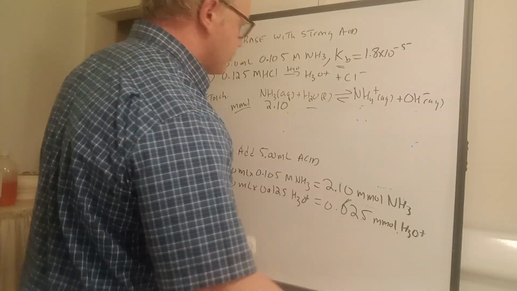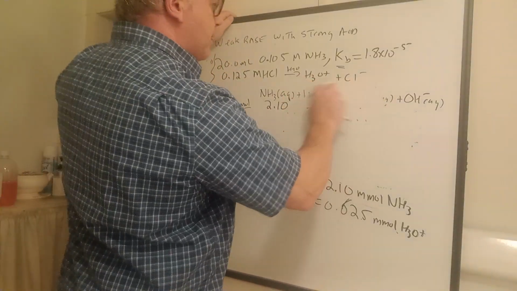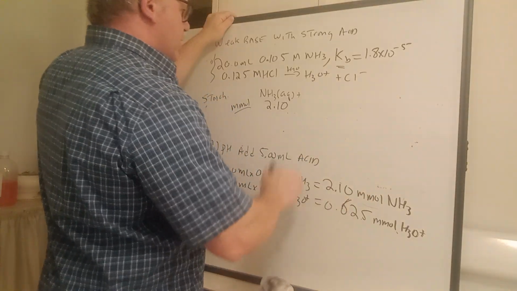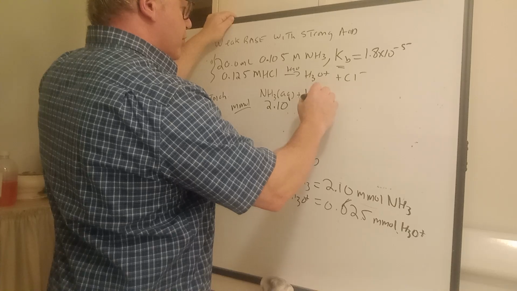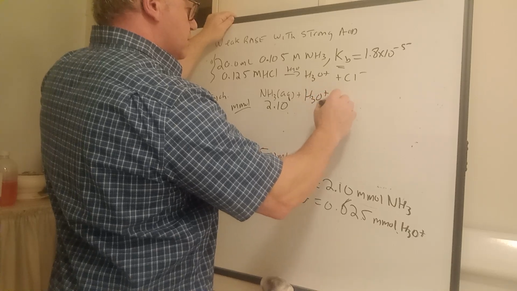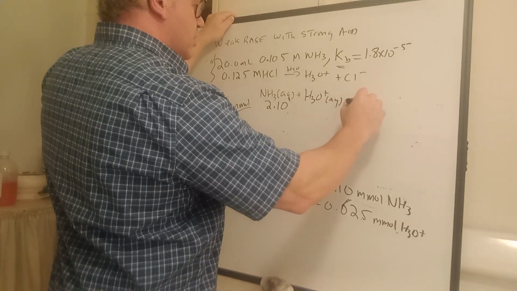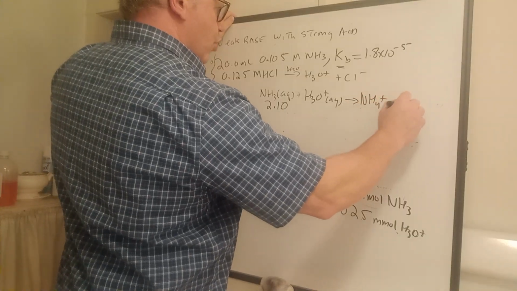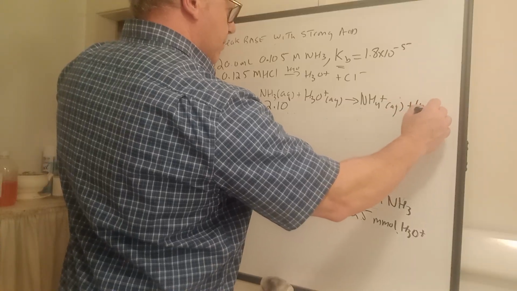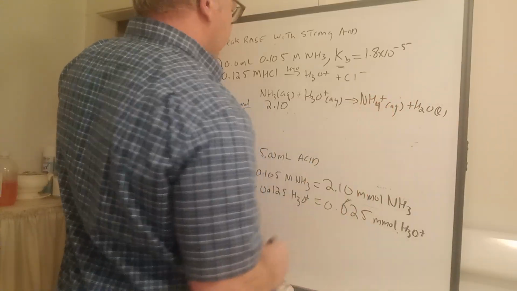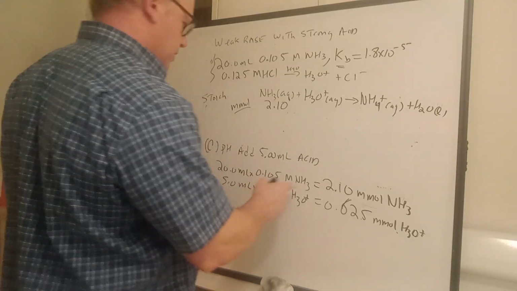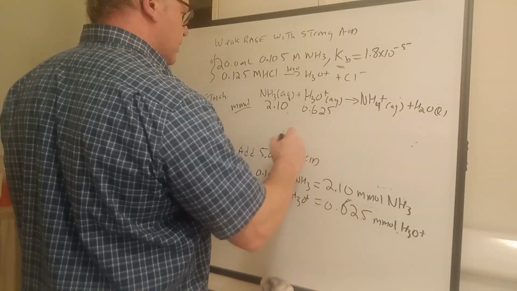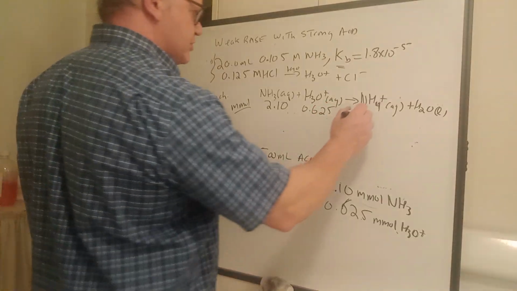We've got, let's change the reaction around. At this point, what we're doing is we're titrating NH3 with H3O plus, going to NH4 plus, aqueous, and water. We're not going to worry about the water. So we added 0.625 millimoles of H3O plus, and we have 0 here.